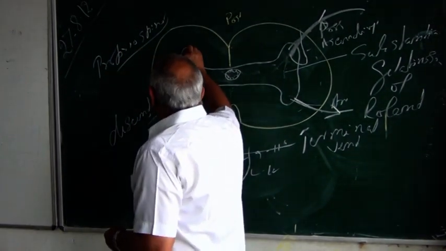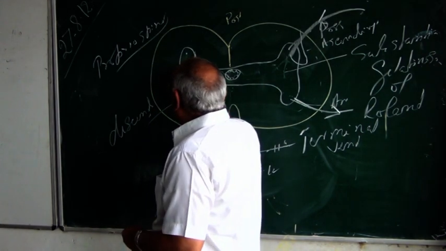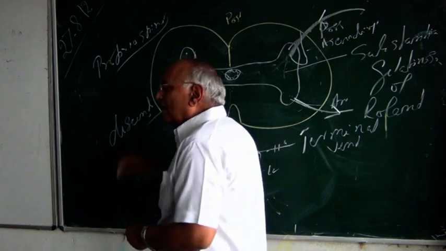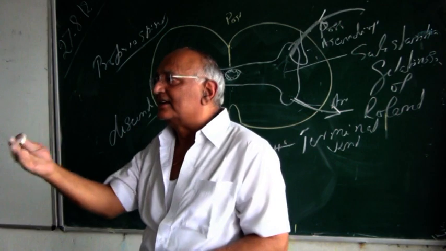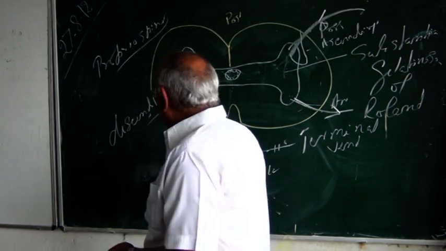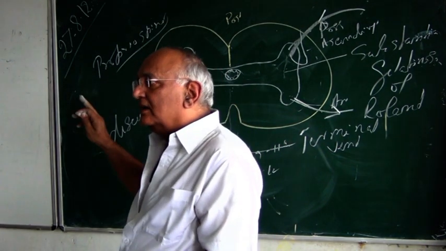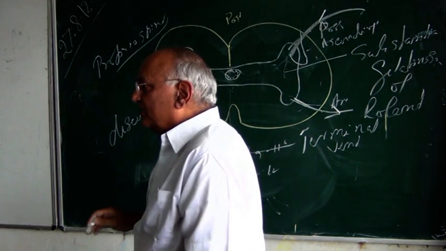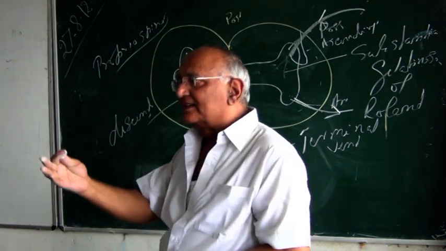Now, apart from the anterior horn cells and posterior horn cells, from thoracic 1 we have lateral horn cells as well. These cells give rise to sympathetic outflow. From thoracic 1 to lumbar 1, we have lateral horn cells which send sympathetic outflow.